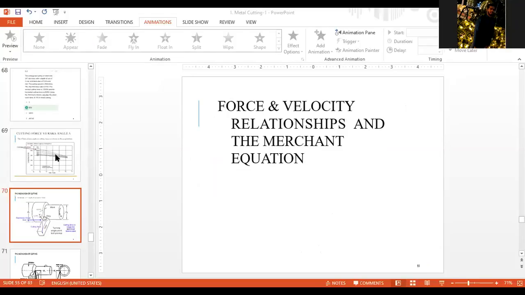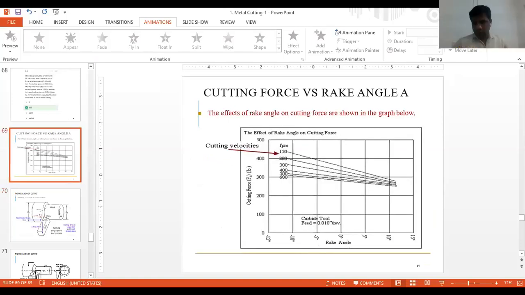Maybe just a minute. So here maybe you can see. As the speed increases, the lines are going down. As speed increases, your cutting force is decreasing. If you're going for 600 foot per minute speed, your cutting force is only 300 pounds force.